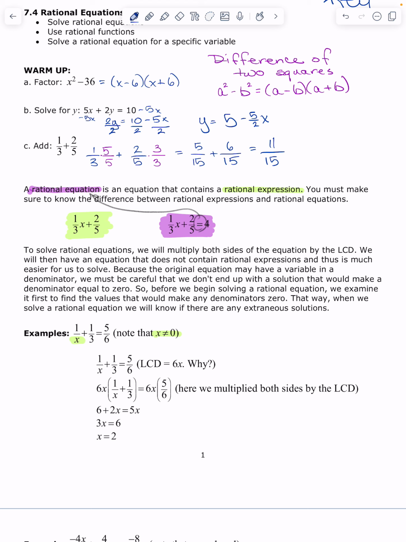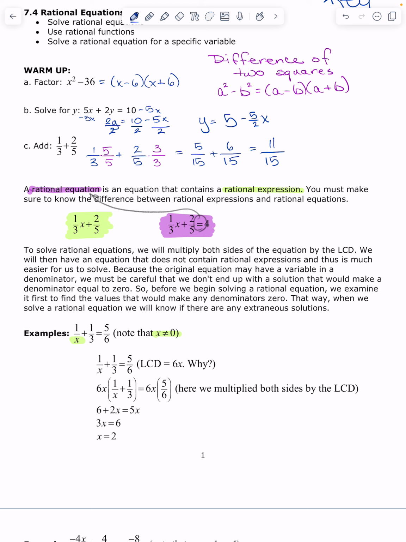I cannot solve for x while it's in the denominator, but I can multiply everything by x. As long as I multiply everything on both sides, I have not changed the value. Okay, and I have not changed my solutions.